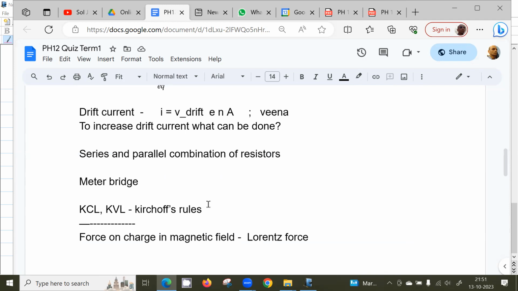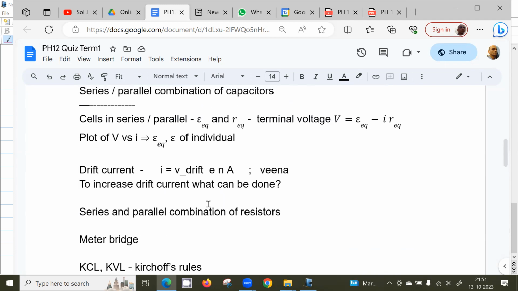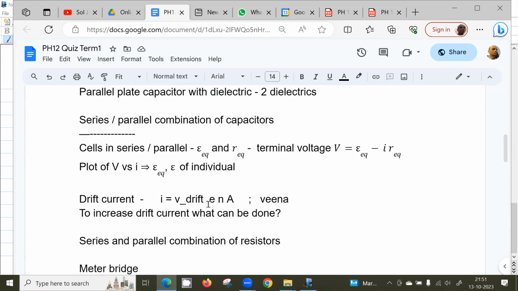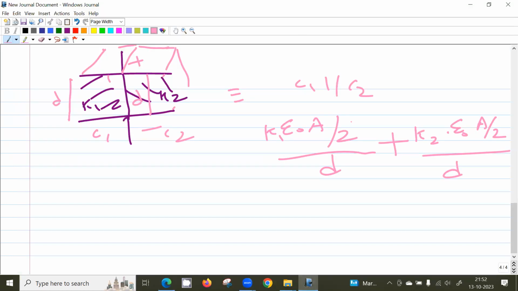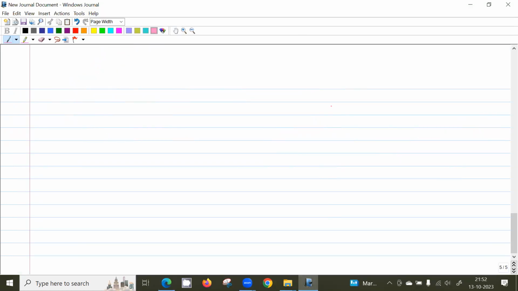Okay, this is the new thing I added. I want to explain cells in series and parallel. So you have two cells in series, E1 and E2.